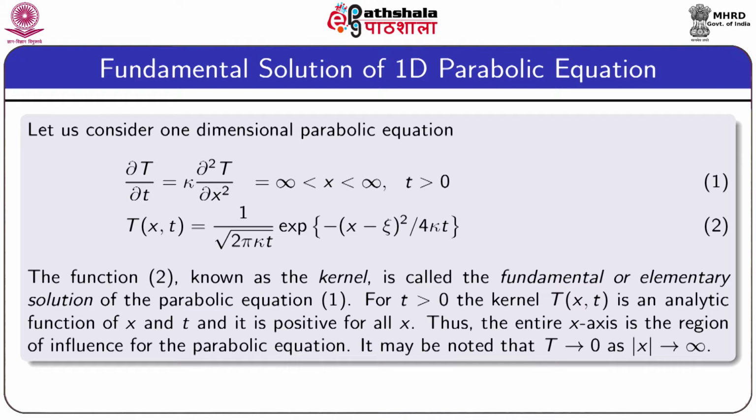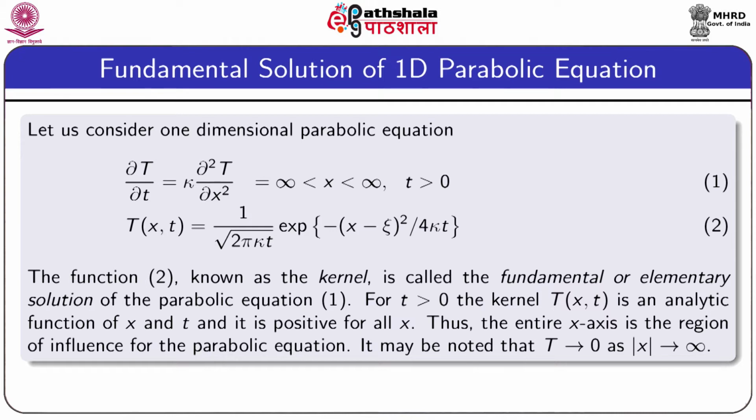It can be verified that capital T(x,t) is equal to 1 divided by square root of 4 pi kappa t, times exponential of minus (x minus xi) square divided by 4 kappa t, is a solution of equation 1.